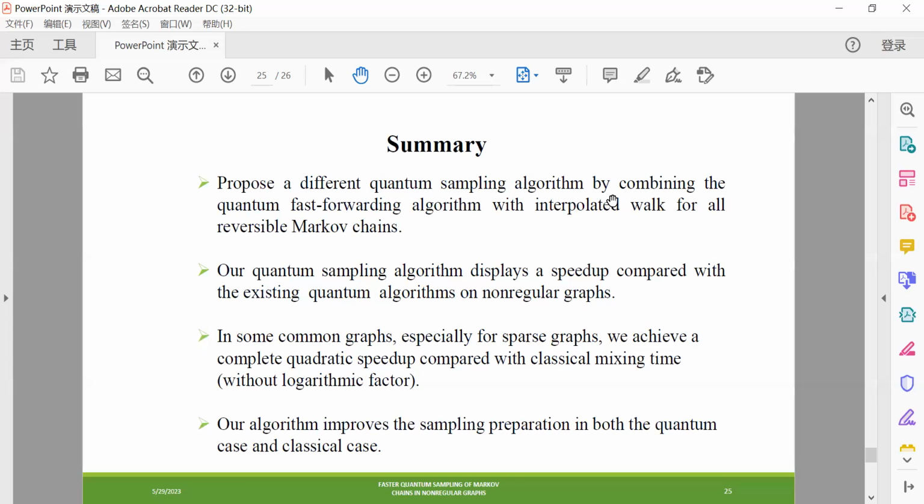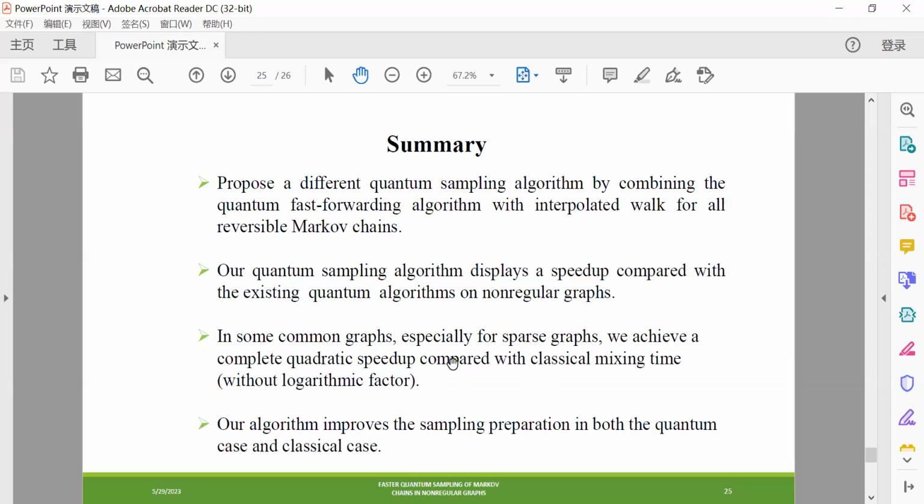Now let's see the summary. We propose a different quantum sampling algorithm by combining the quantum fast-forwarding algorithm with the interpolator work for all reversible Markov chains. Second, our quantum sampling algorithm displays a speed up compared with the existing quantum algorithm on non-regular graphs.